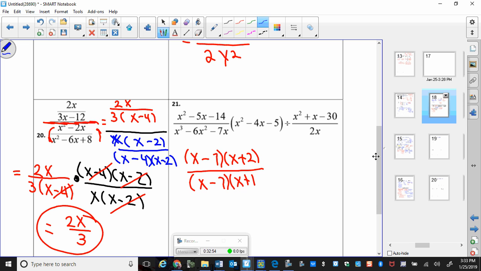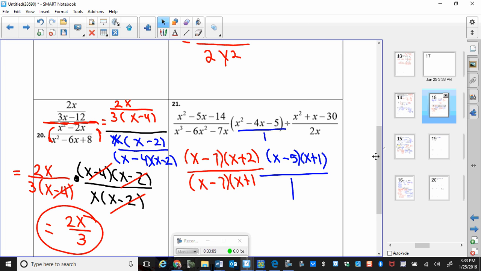And then I'm just going to put this over 1 so I don't make mistakes. I have x minus 5 times x plus 1 over 1. And lastly, I'm going to flip this over completely. So this goes up top, this goes on the bottom. And I'm just going to go ahead and factor it here.